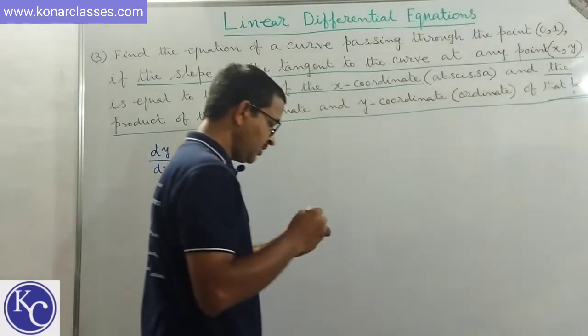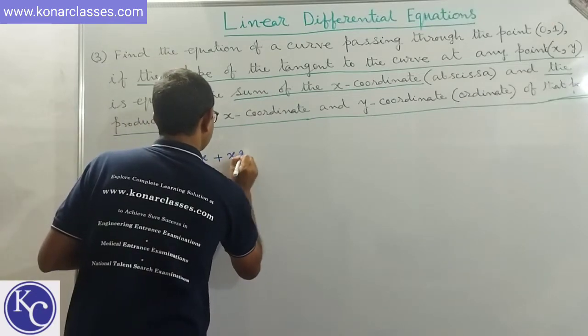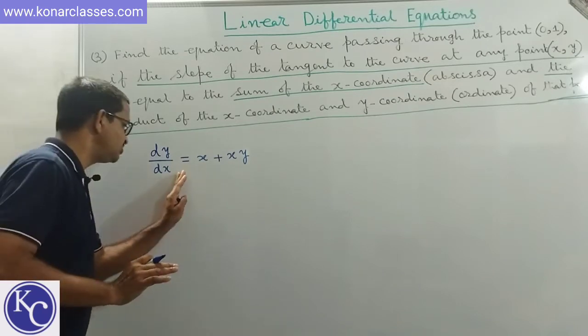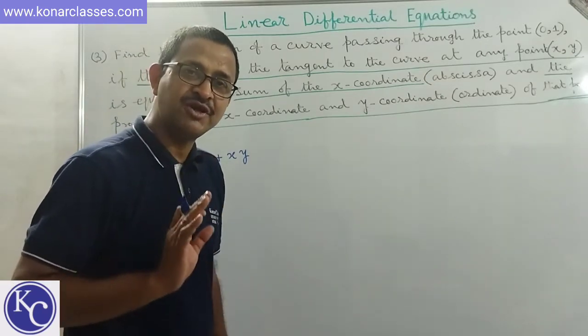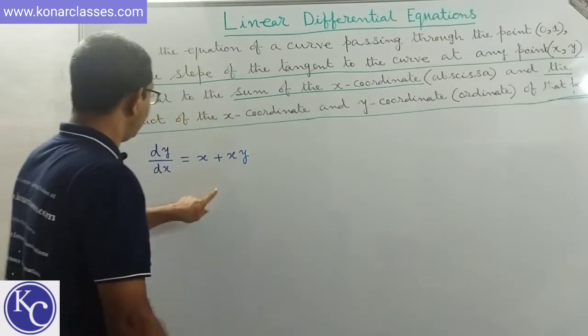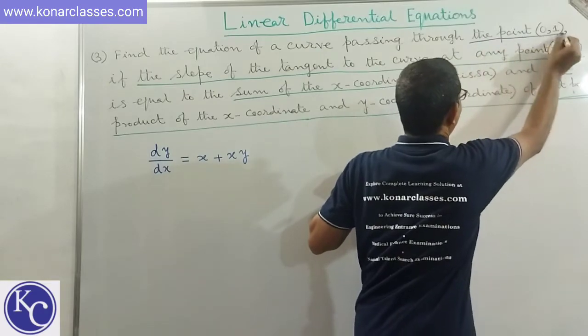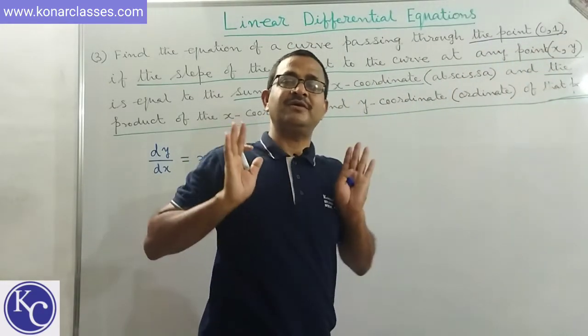That means it is equal to x plus x into y. So all you need to find is the solution of this differential equation, and that will give us a general solution or primitive. Now from that we will apply this initial condition, passing through the point 0, 1, and we will get a particular solution, the particular equation of the curve.